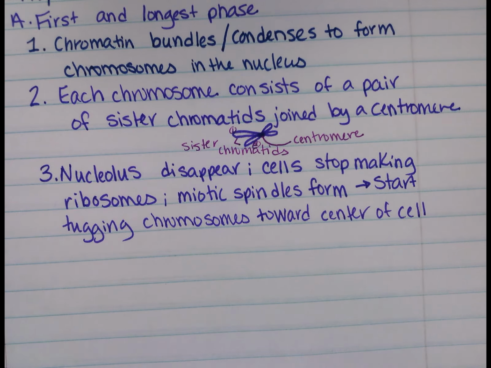All right, so they're going to start pulling towards the center of the cell. They're not at the center of the cell yet, however, they are certainly on their way.